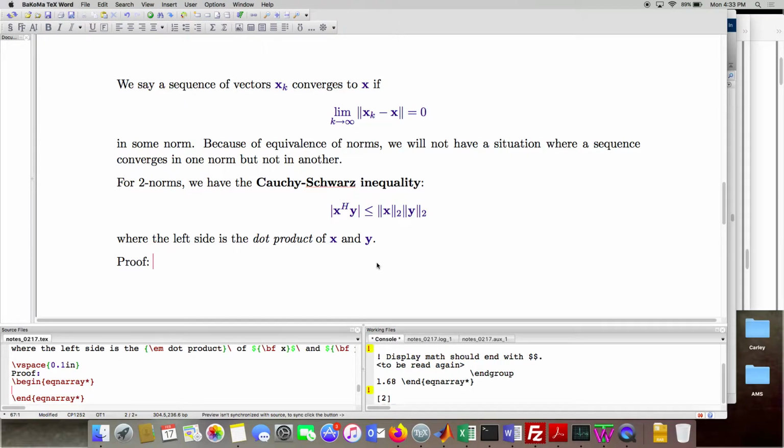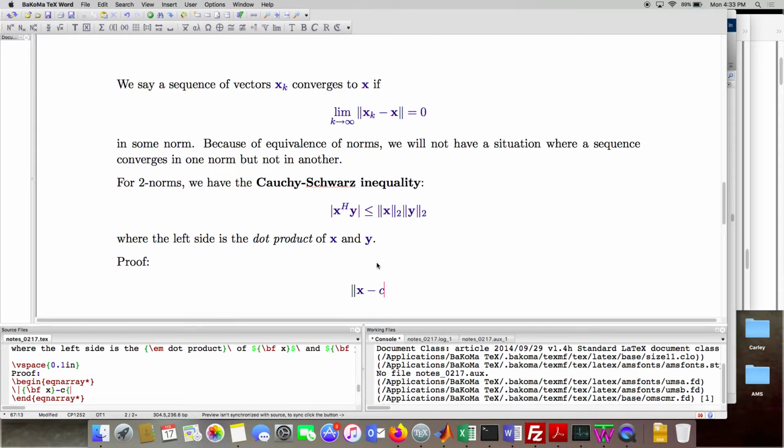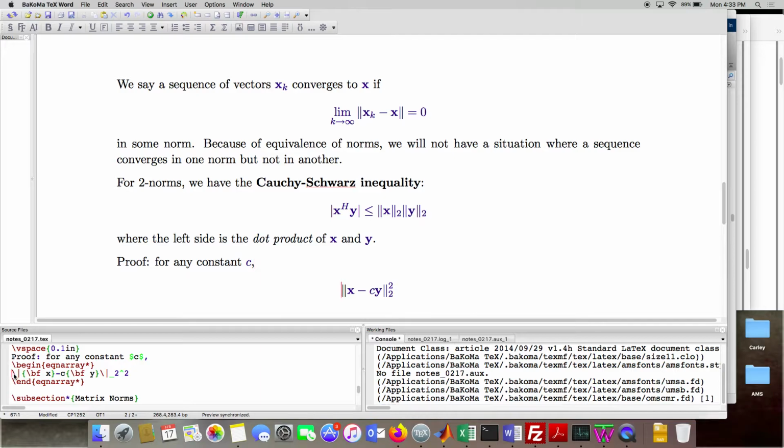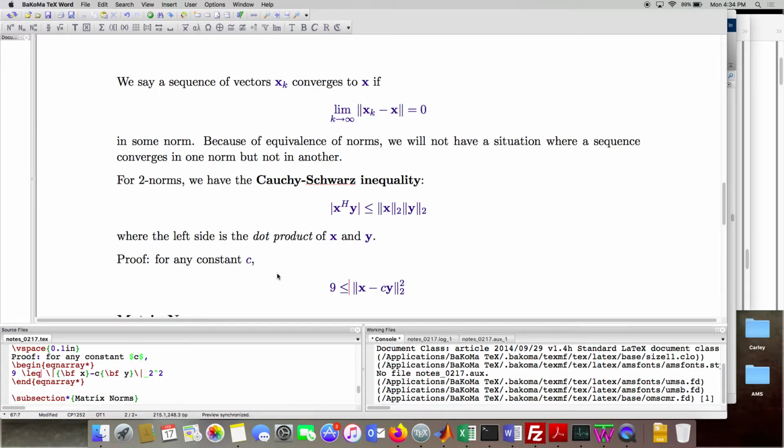So if I look at this expression, this is the 2 norm of x minus a constant c times y, for any scalar or constant c. Now keep in mind, whoops, that should be a 0, not a 9. That'd be kind of weird. Because it's a norm, it has to be non-negative.